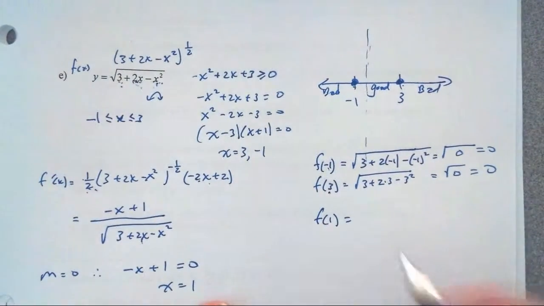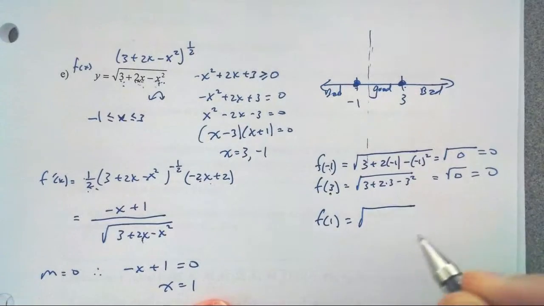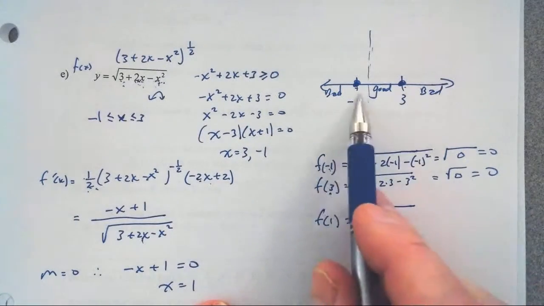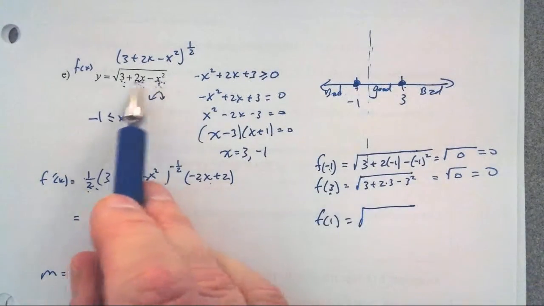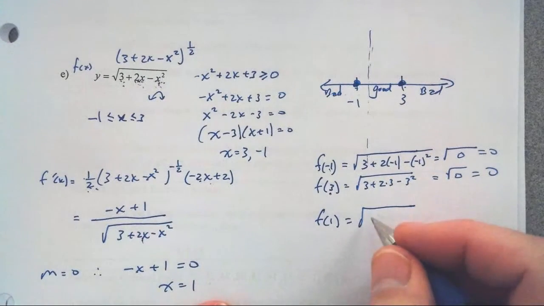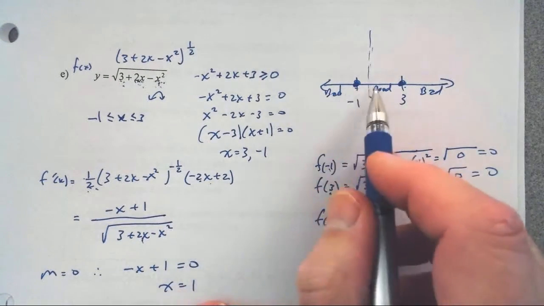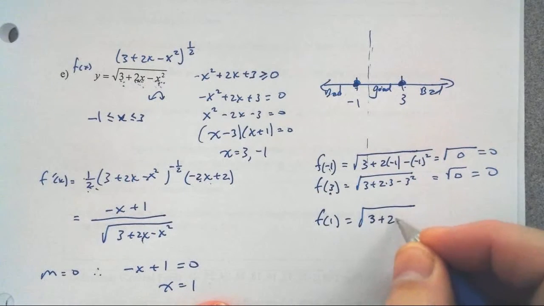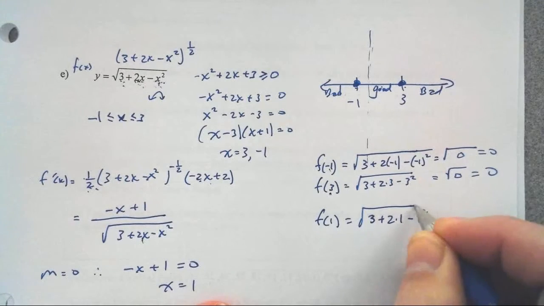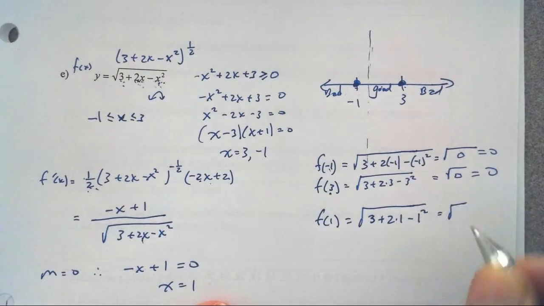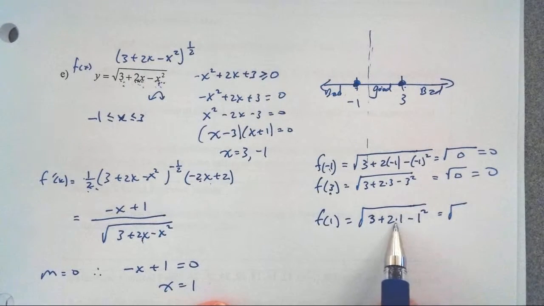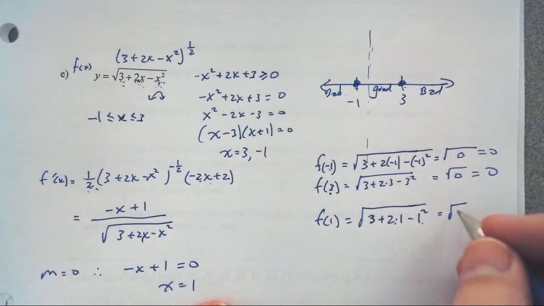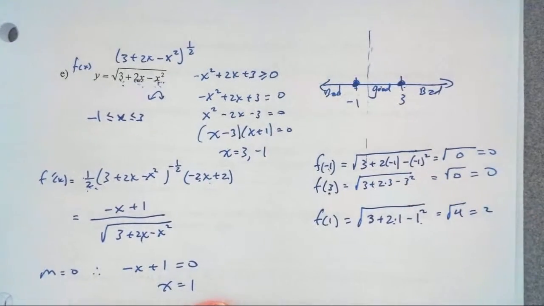Okay, f of 1 gives me square root of, I suspect it's right in the middle of these because we have a little parabolic thing going on in there, but let's find out. Actually, 1 is right in the middle of those already. I get 3 plus 2 times 1 minus 1 squared, or I get square root of 3 plus 2, 5, minus 1, 4, square root of 4, I get 2.